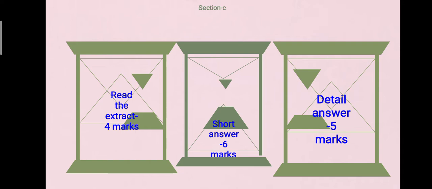Totally you are supposed to answer 3 questions out of 4, and each question carries 2 marks, right? Then detailed answer, there won't be any choice in the detailed answer. You have to answer the given question, and it's for 5 marks, right?